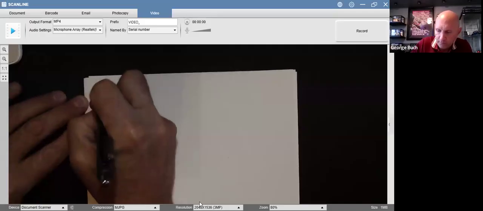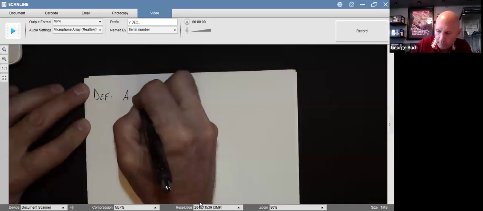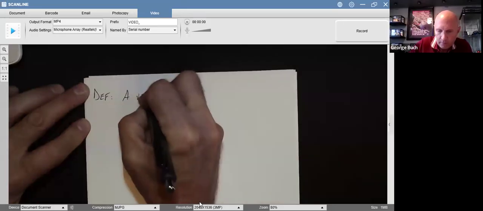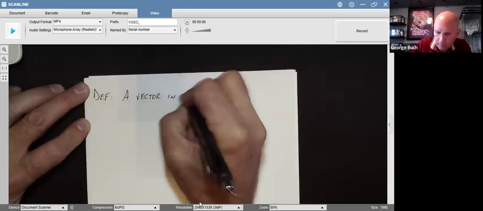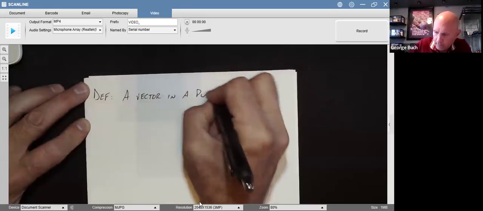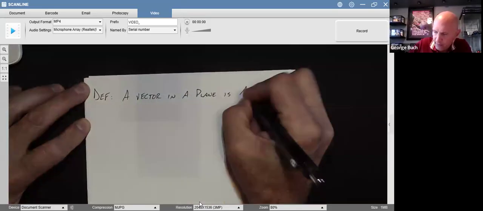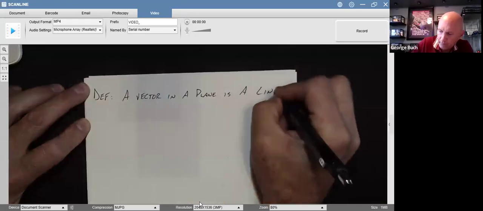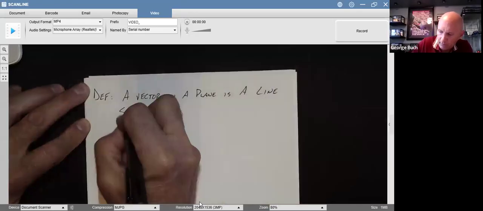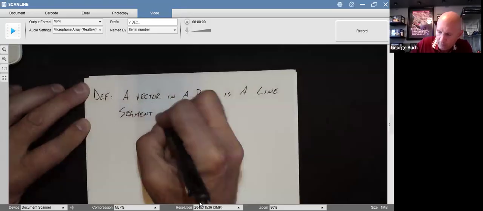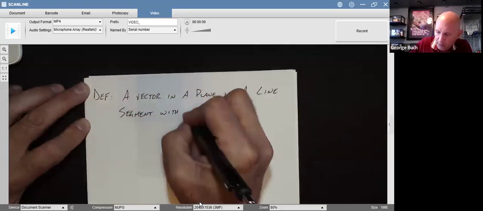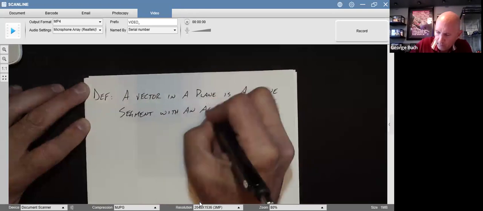So a vector in the plane is a line segment with an assigned direction.